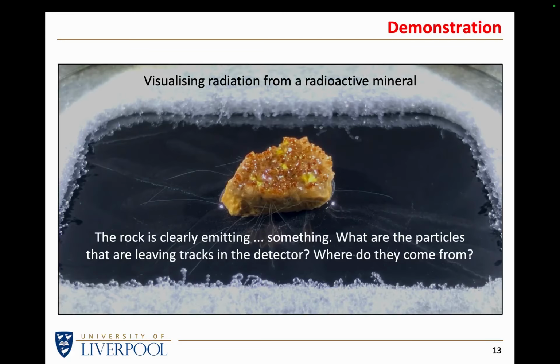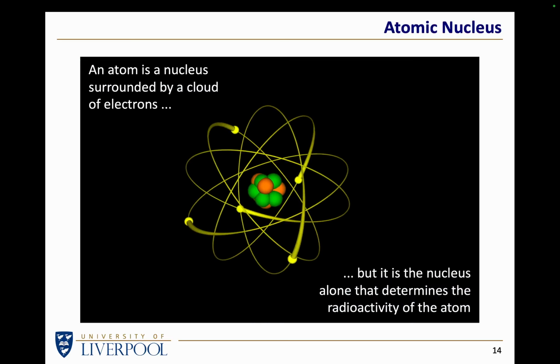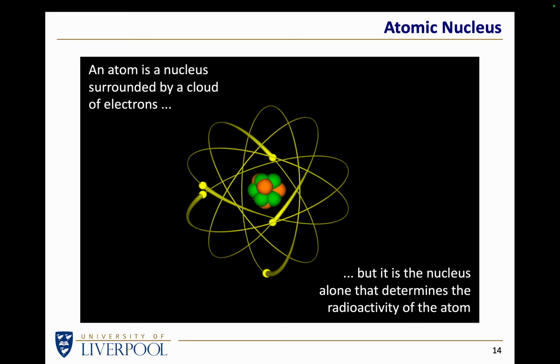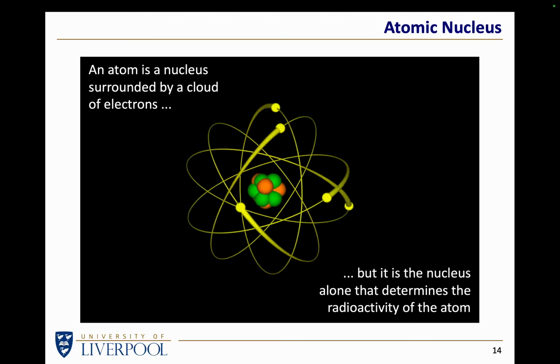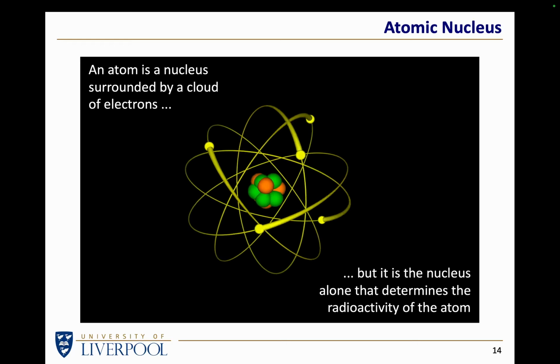So it's clearly emitting, uranium is clearly emitting something, and two types of something, but what are they and where do they come from? Well, when we look at atoms, this is not a particularly accurate way of thinking about atoms, but it will do for our purposes. An atom is a positively charged nucleus and negatively charged electrons buzzing around the outside.